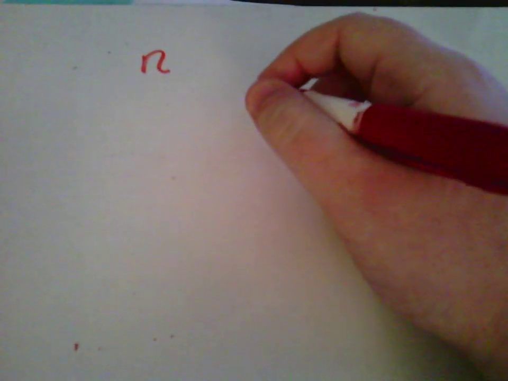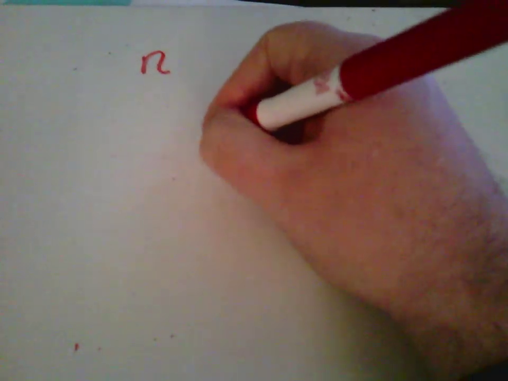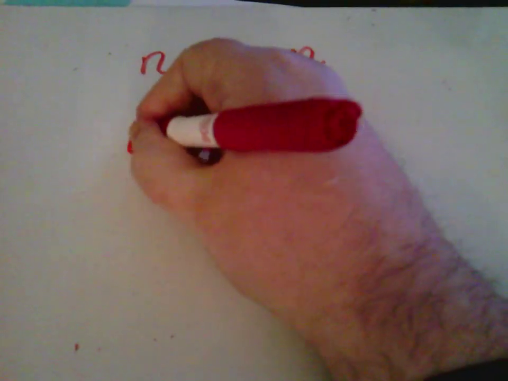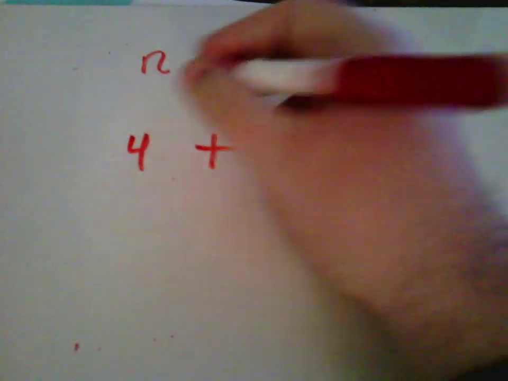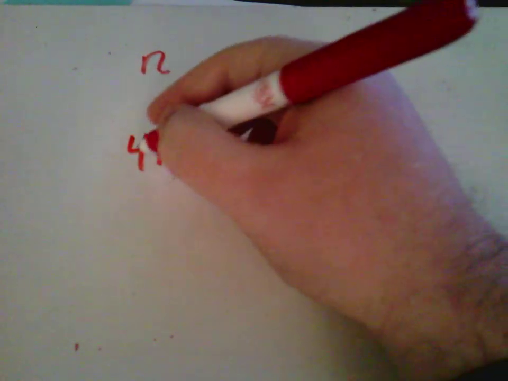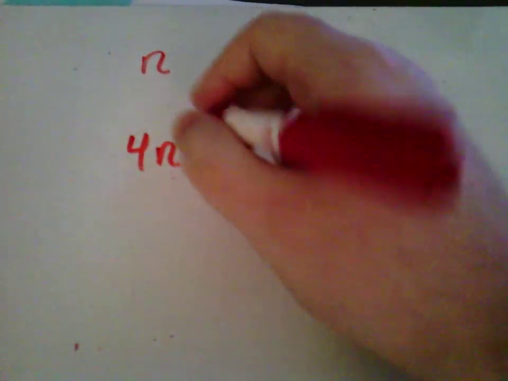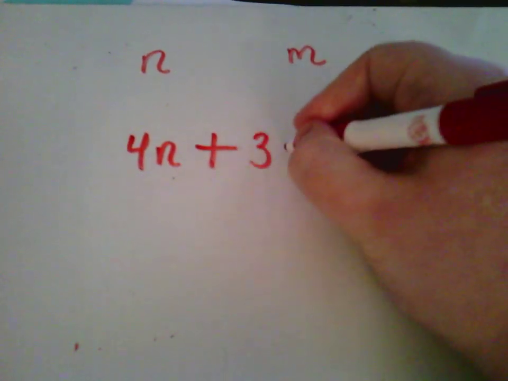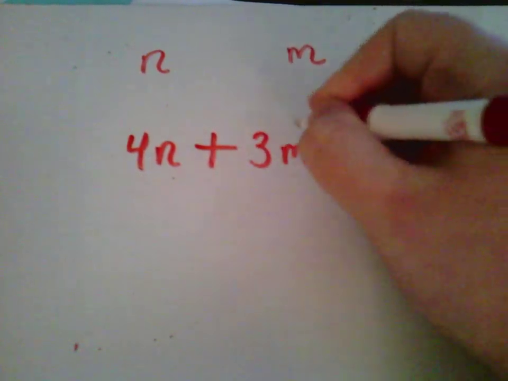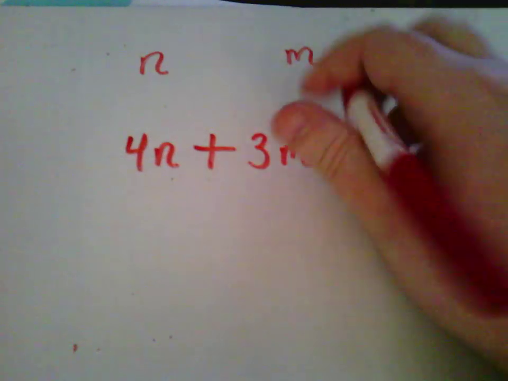For us, what matters is that we know the sum of 4 times one number, so the sum, that's addition, of 4 times one number, well, let's let that be n, 4 times n, the sum of that, and 3 times the second number, so 3 times m, is 65.